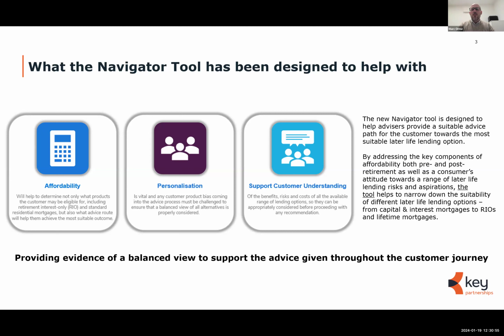It's an important step to navigate the different options available, to ensure that we're personalising the advice we provide clients, and to support the customer's understanding of the benefits, the risks, and the costs involved in the different options available.